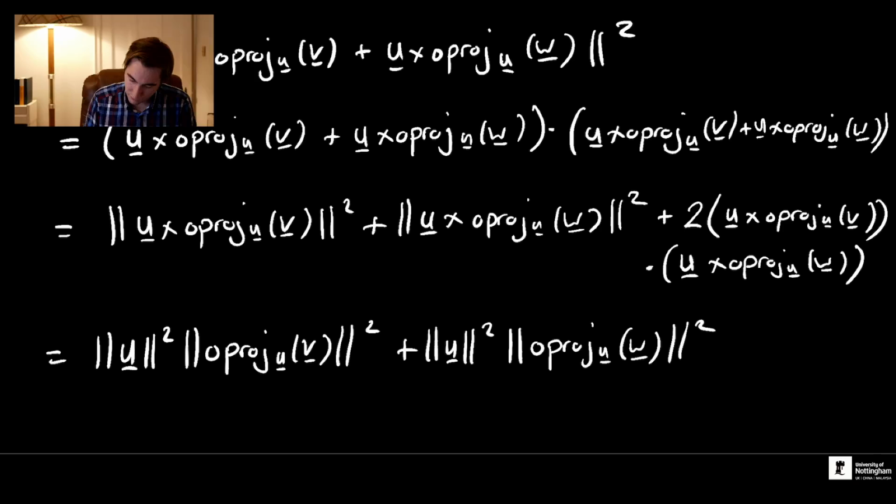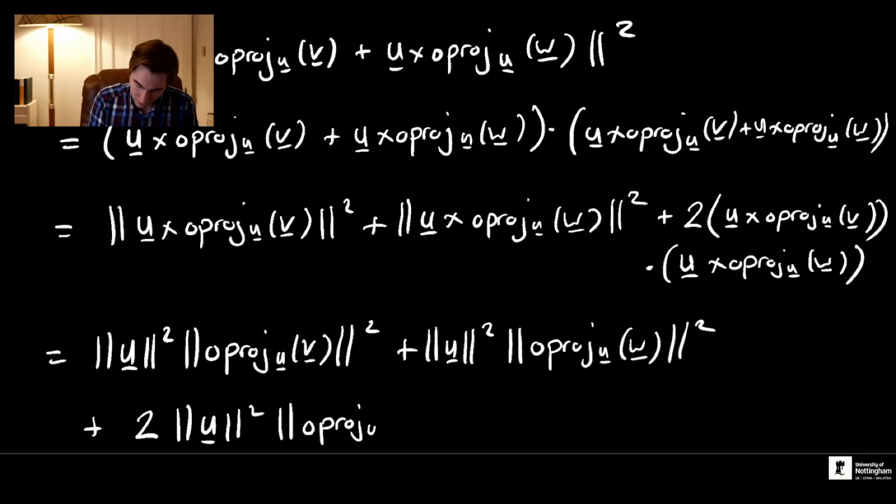And for this expression now, what we're going to get plus 2 times the norm of u all squared times the norm of the orthogonal projection of v onto u. Oh, no, sorry, not squared.